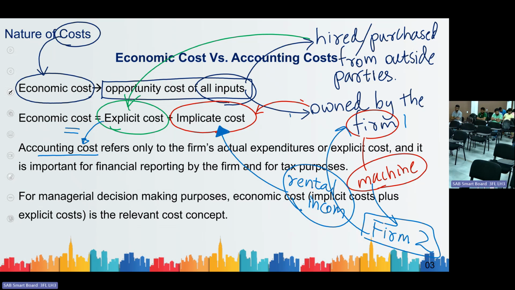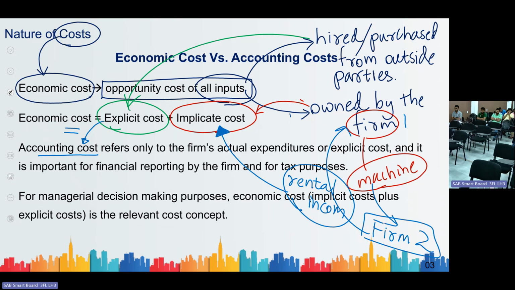Firm 1 has foregone this rental income because they are using this machine in their production process. If they were not using it, they could earn this rental income. But since they are using it, they sacrifice this rental income.